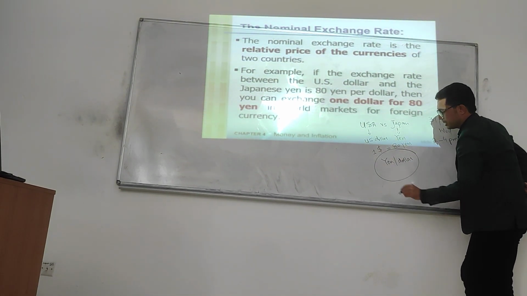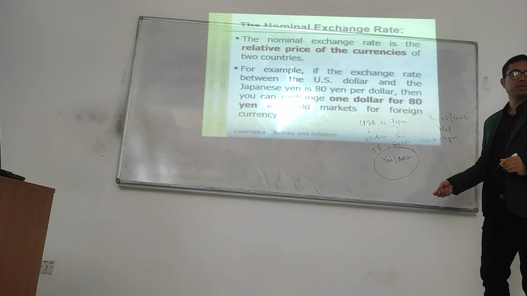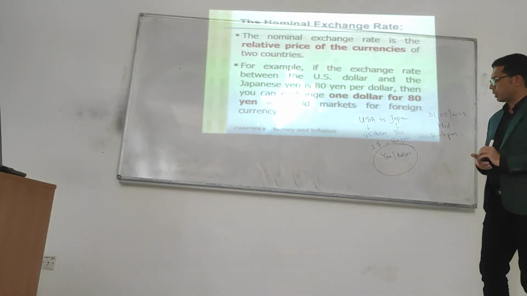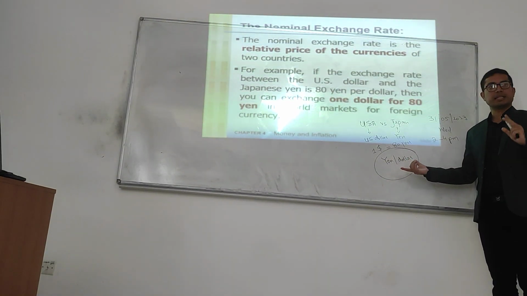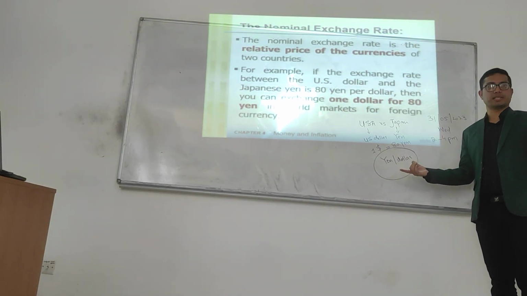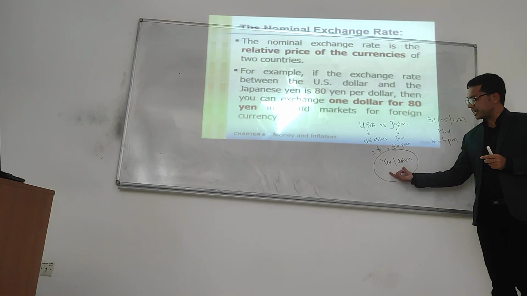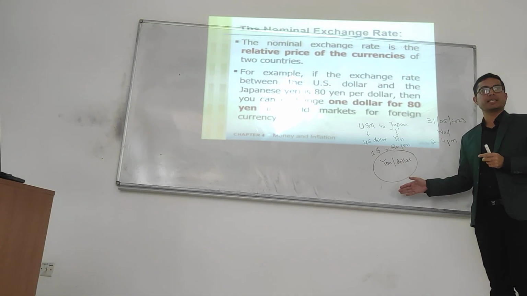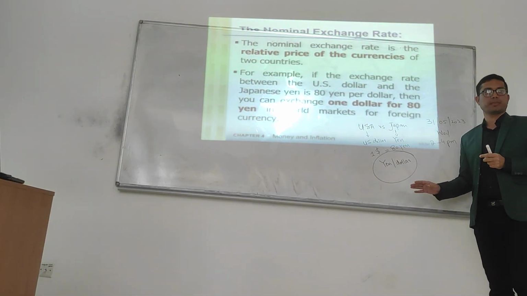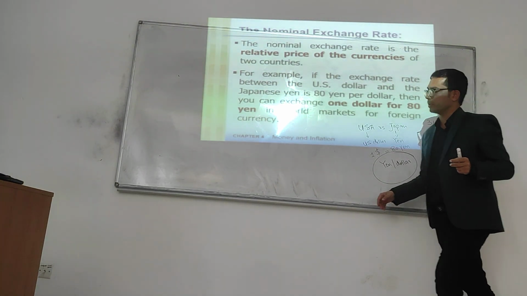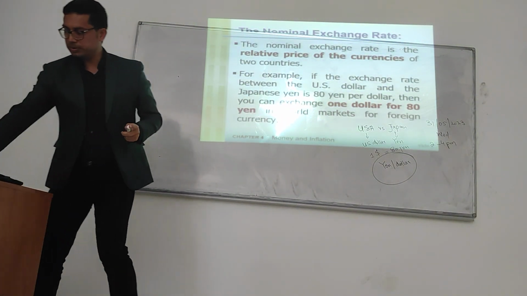Can you see this is a price ratio? This ratio represents the prices of two currencies. That's why we can say that the nominal exchange rate is the relative price of currencies. Is it clear? Okay.